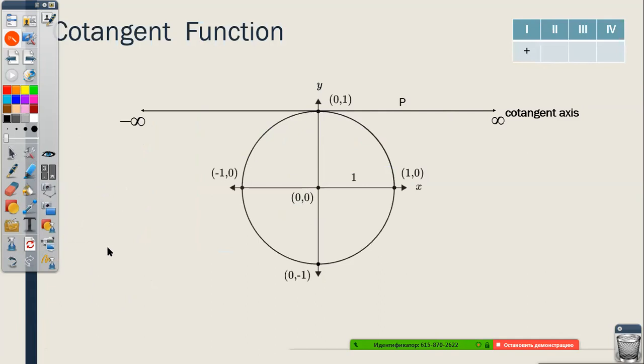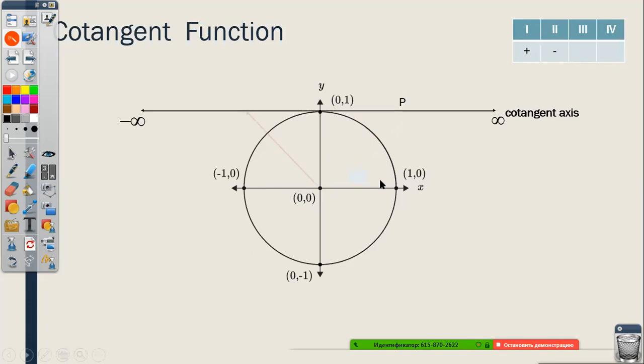We have an angle alpha, and this angle intersects the cotangent axis at a point P, and this distance C is the cotangent of alpha. So in the first quadrant, cotangent alpha is positive. So here it will get positive values.